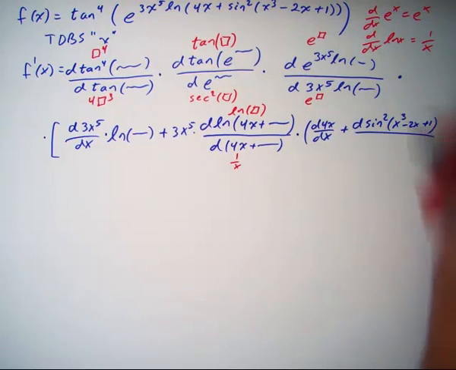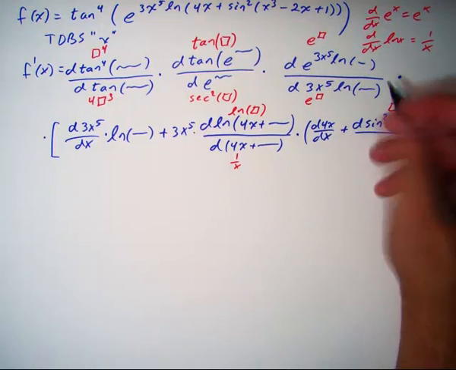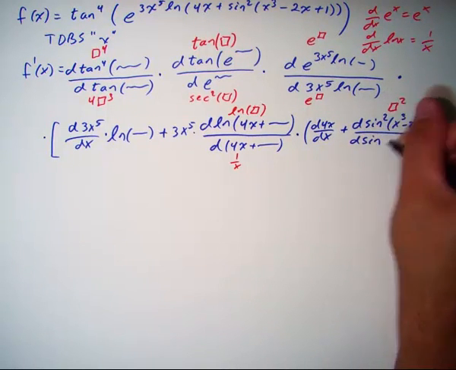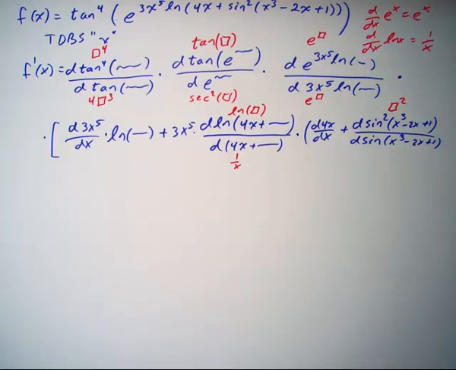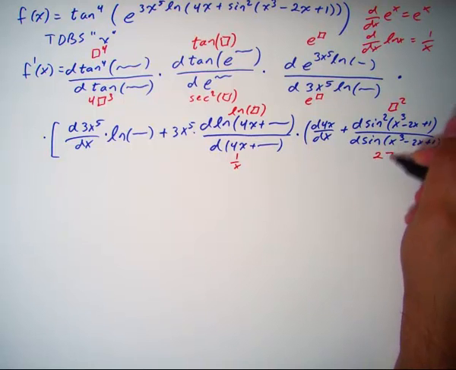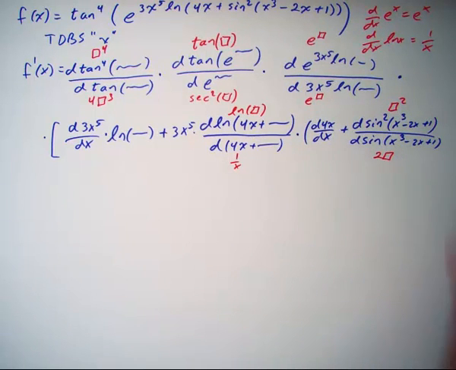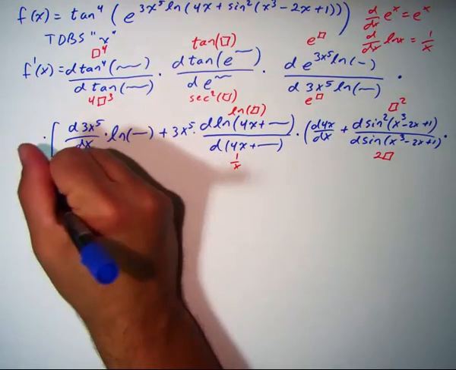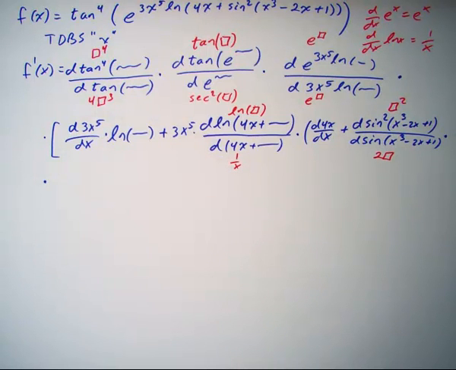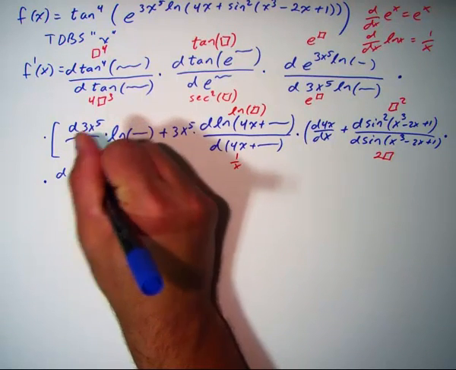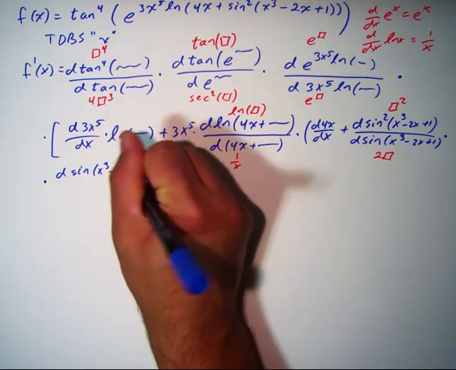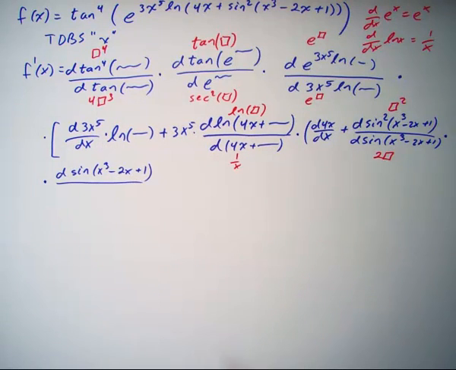I go back to how I started things out. This is just something squared, and so I take its derivative with respect to sine of x cubed minus 2x plus 1, and so the derivative will be 2 times box. I multiply this by, I'm already into the third line of the equation, the derivative of sine of x cubed minus 2x plus 1.